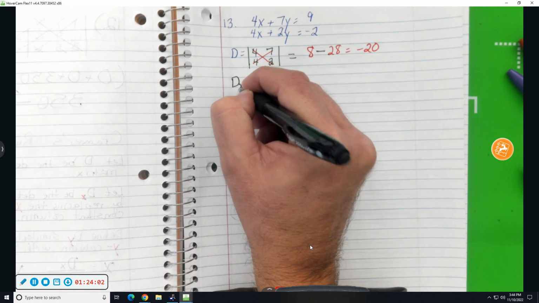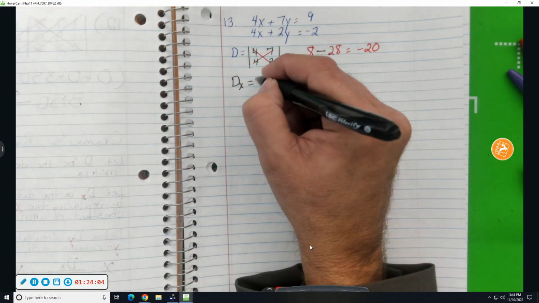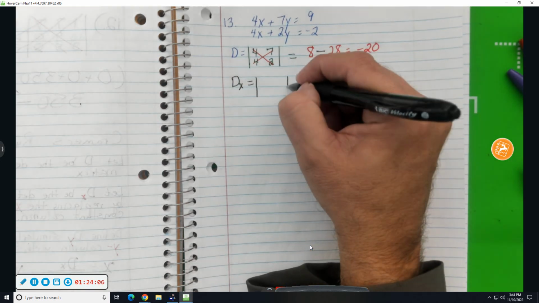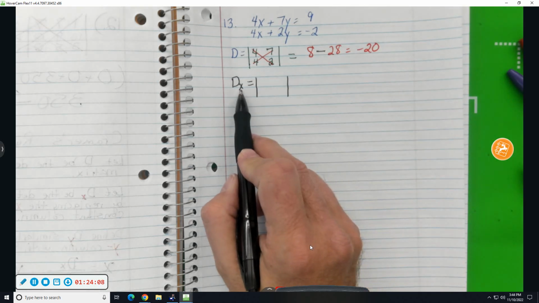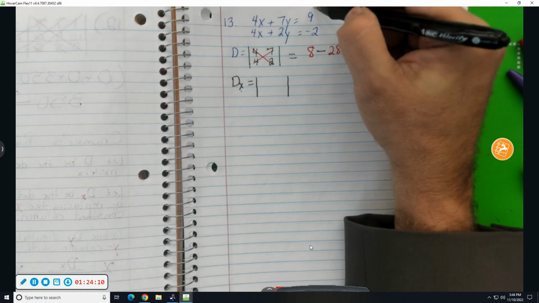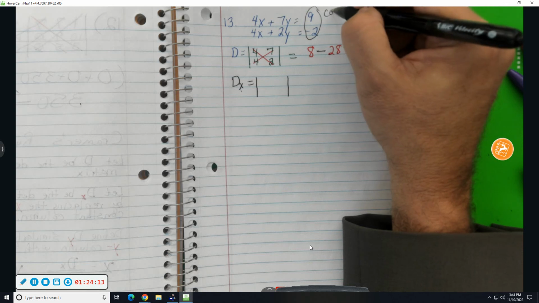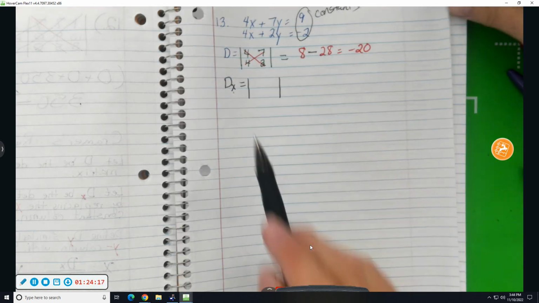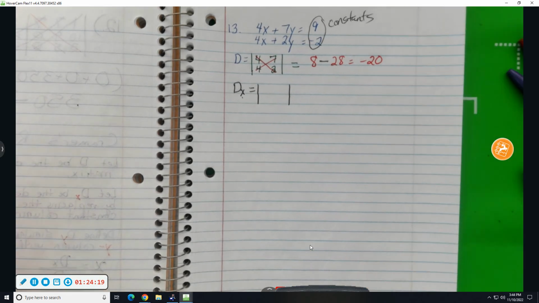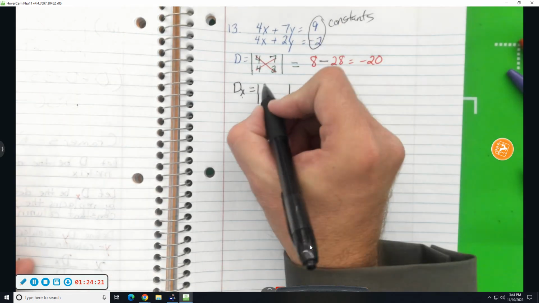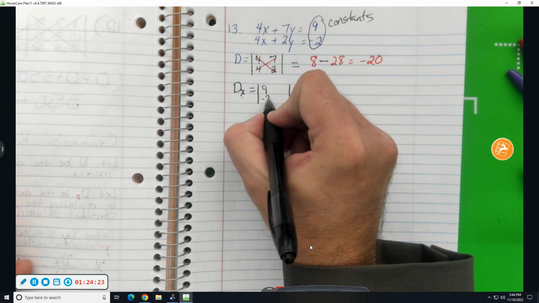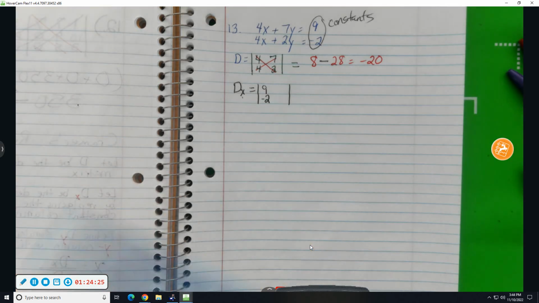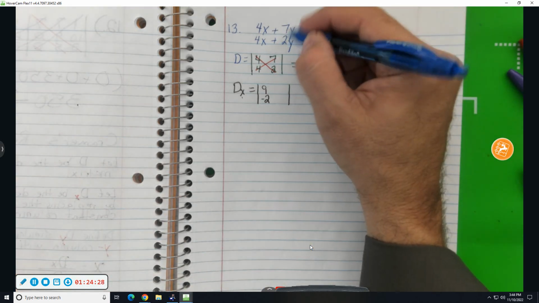Then you find dx. Whatever the subscript is, that column gets replaced with these constants. So in place of the x column, I'm putting 9, negative 2. The y column stays 7 and 2.